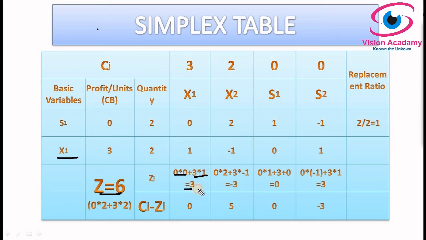Then the z1 value is 3. Then 0 into 2 is 0, 3 into minus 1 is minus 3, so z2 is minus 3. Now 0 into 1 is 0, 3 into 0 is 0, and 0 into minus 1 is 0, 3 into 1 is 3. So we have also found the zj values, z1, z2, z3, z4.